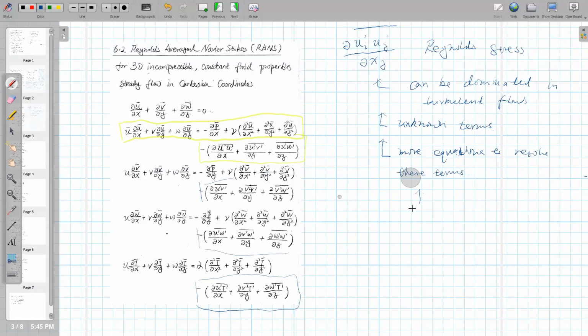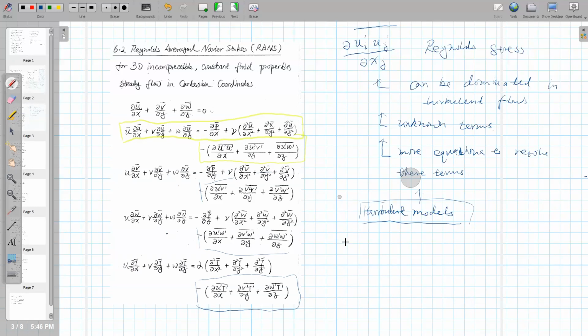The meaning of the equations we add is that they are not real conservation equations, but rather models. This is called turbulence models. We need to find turbulence models to add additional equations to resolve these additional unknown terms. That's why we always hear about turbulence models, because we have these additional terms to solve.